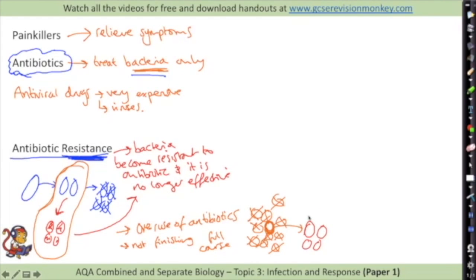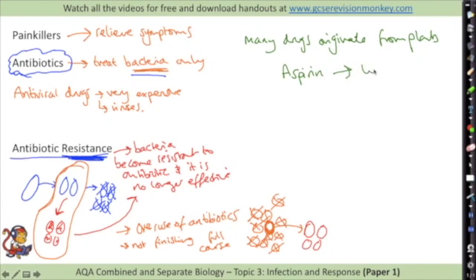Many drugs originate from plants. For example, the drug aspirin comes from the willow tree originally, and digitalis comes from the foxglove. There are a couple of examples that you need to be aware of.